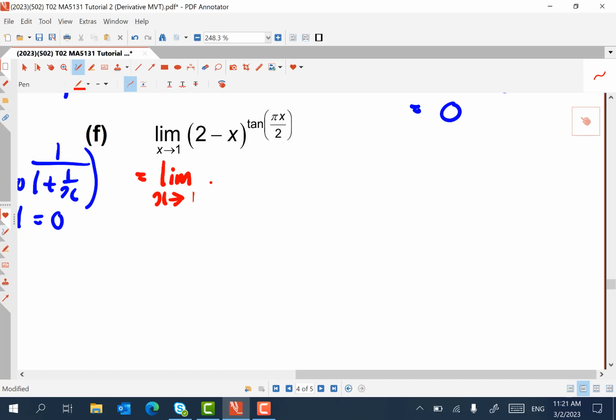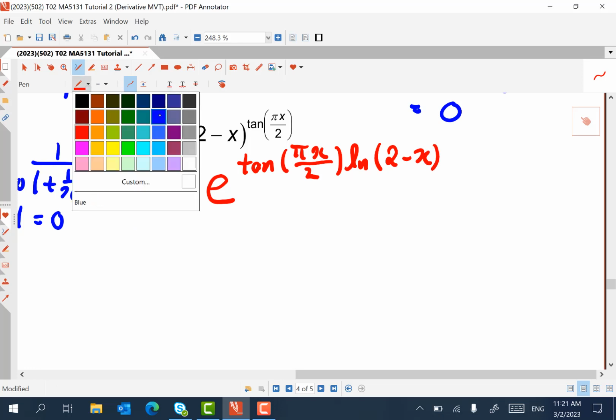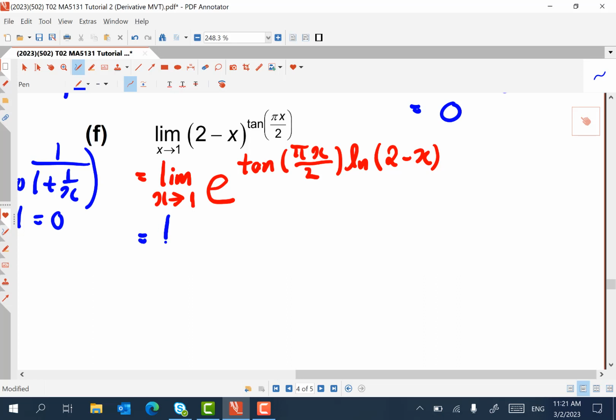Use that to help us, because the power can be brought down, as tangent pi x. And I give you another hint. You try to create a scenario where L'Hopital's rule is applicable. Try to rewrite so that you can use L'Hopital's rule.